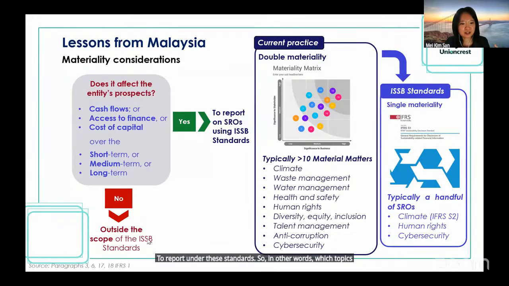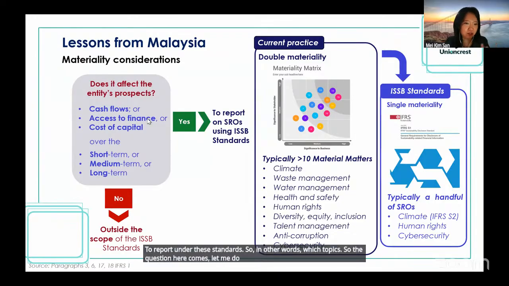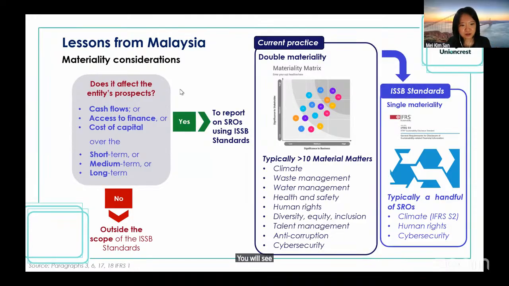The question here comes, so let me do a bit of theory. If you look to the left of your screen, you will see the extract from IFRS. Essentially, it asks you a question: does this sustainability matter affect the entity's prospects? In other words, does it affect the cash flow, access to finance, or cost of capital, over the short, medium, or long term?